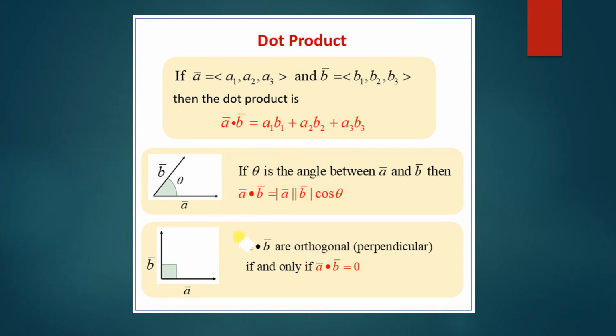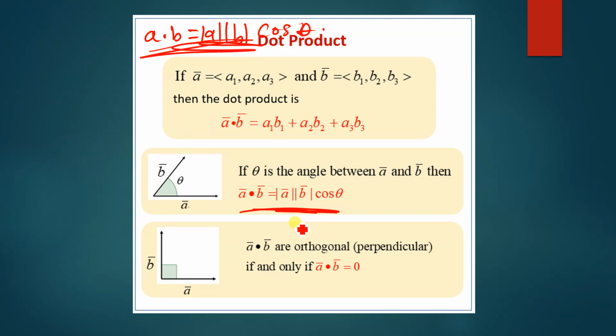If theta is the angle between vector A and vector B, the dot product of the two vectors, A dot B, is given by the magnitude of A times the magnitude of B times cos theta. This is how you find the dot product in terms of the angle in between.